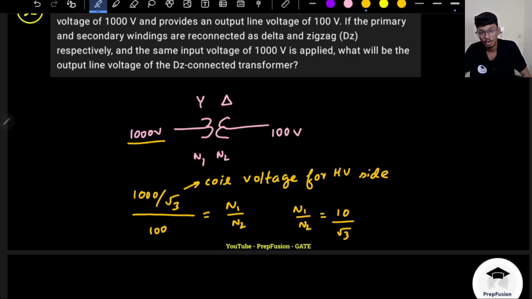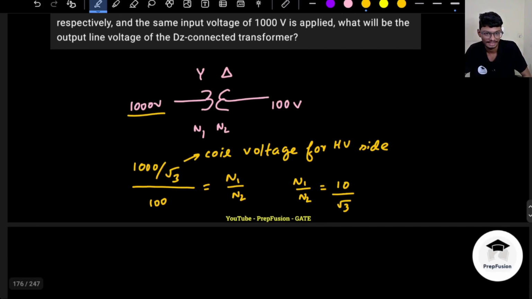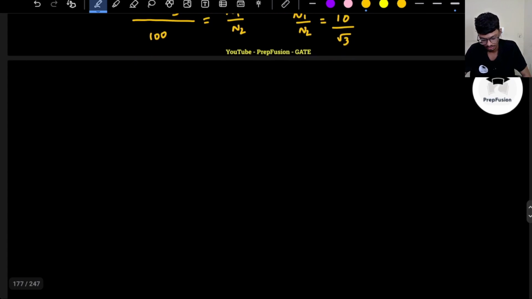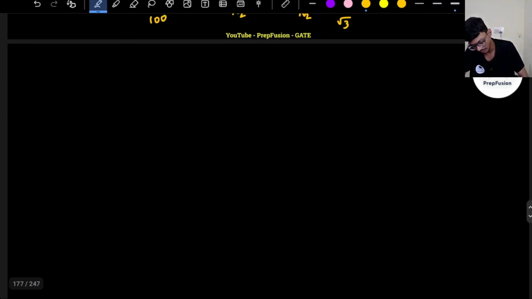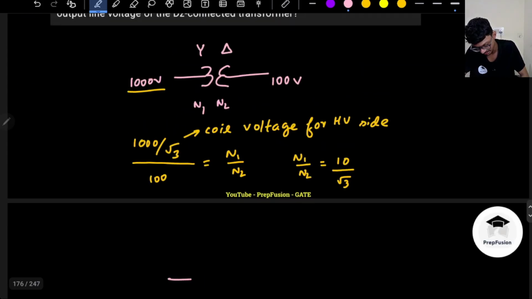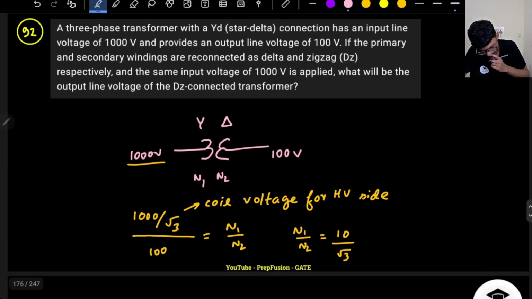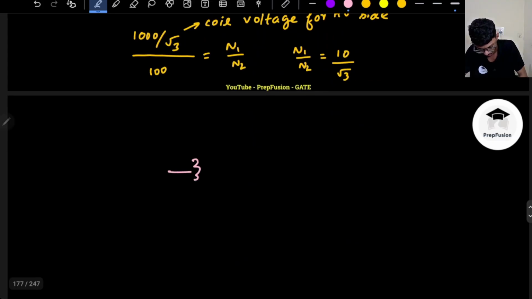Okay, what is happening in zigzag? I have my transformer as delta zigzag. What will be the output line voltage of the DZ connected transformer? If it is delta connected, the input line voltage is still 1000 volts.